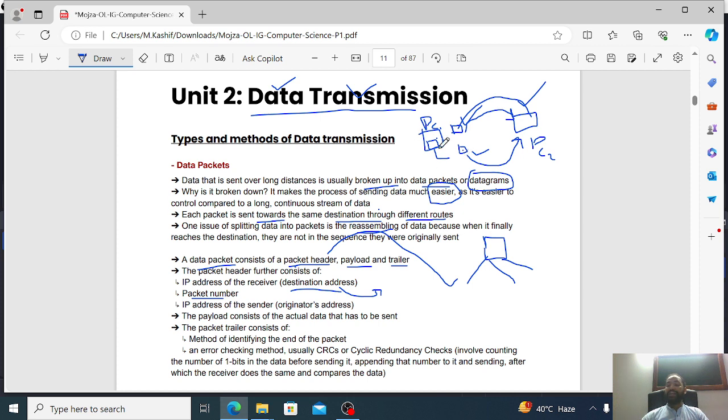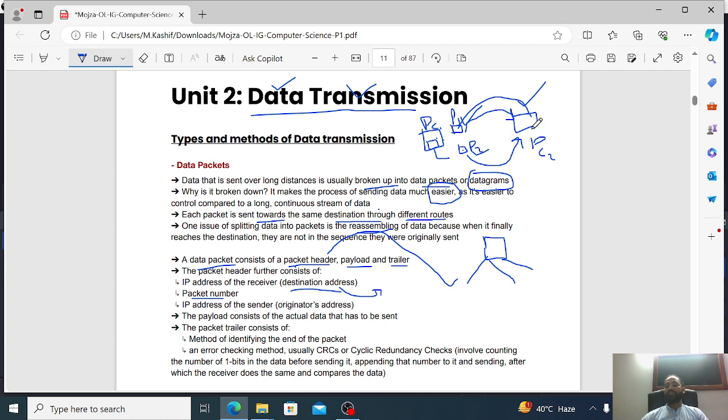When we divide a file, an image file, text file, or video file into small units of data, these small units of data are obviously called data packets. So these data packets have different packet numbers. Let's suppose this one is packet 1 and this one is packet 2.